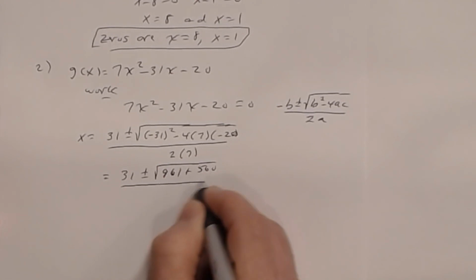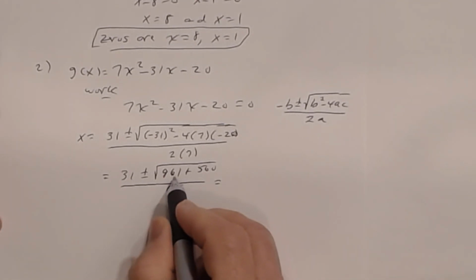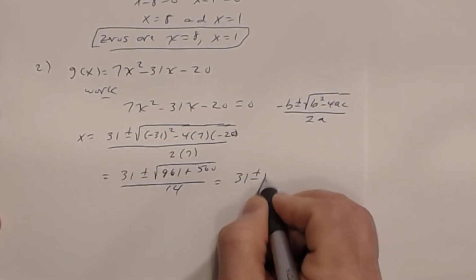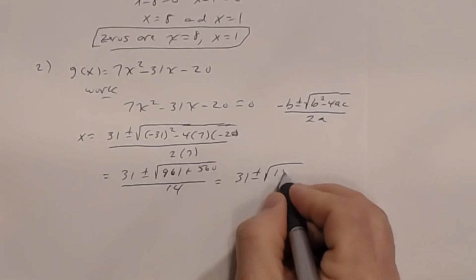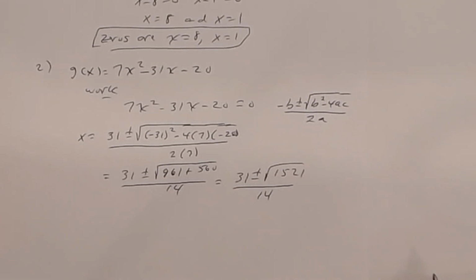All of that is being divided by 14. Then 961 plus 560 gives 1,521, so it's 31 plus or minus the square root of 1,521, divided by 14.